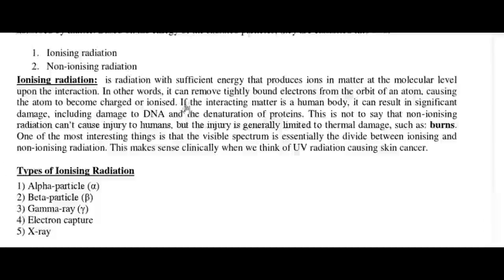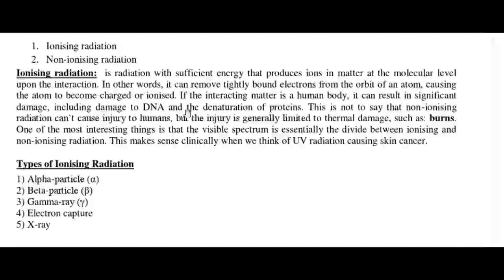As we know, radiation is energy emitted by a source that then travels through a medium such as air until it is absorbed by matter. So based on the energy of the radiated particle, we have two types of radiation. The ionizing one simply means the one that produces sufficient energy.